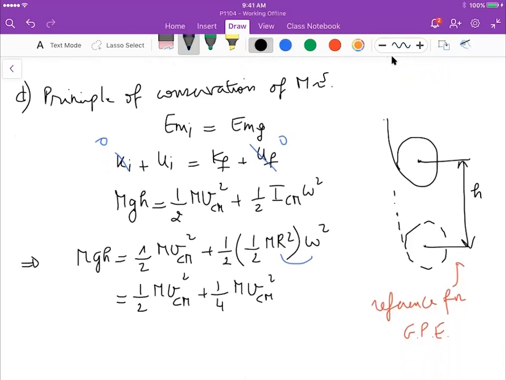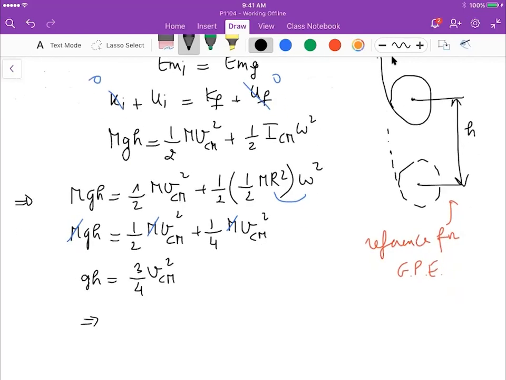And so we end up with mgh equal to this whole expression. Now we cancel the m everywhere, and we get that gh is equal to 1 over 2 plus 1 over 4, which is 3 over 4, times v center of mass squared. And so we can deduce finally that v center of mass squared is 4gh over 3, and if we take the square root, we have the square root of 4gh over 3. And so this is what we need to show.